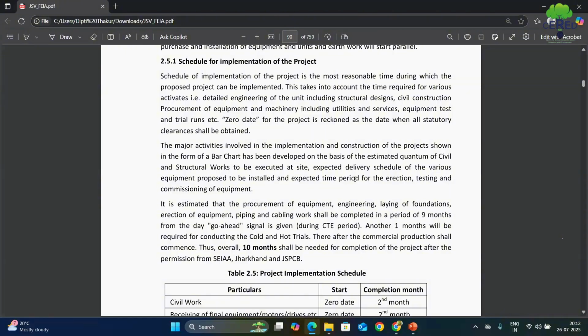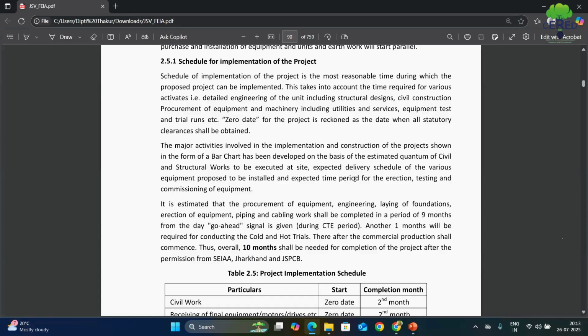They have to obtain consent to establish certificate after the 6 monthly compliance report, and they have to submit this 6 monthly compliance report to SPCB, which is a state pollution control board, and then the SPCB grants or permits the client to do the construction activity in their site.